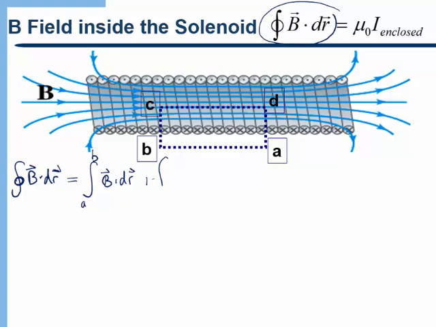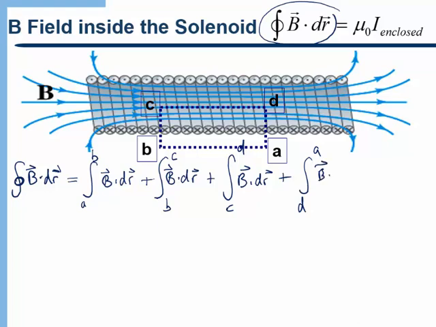Then I'm going to integrate from b to c of B dot dr. Then I'm going to integrate from c to d of B dot dr. And finally integrate from d back to a of B dot dr. Okay, so let's figure this out.